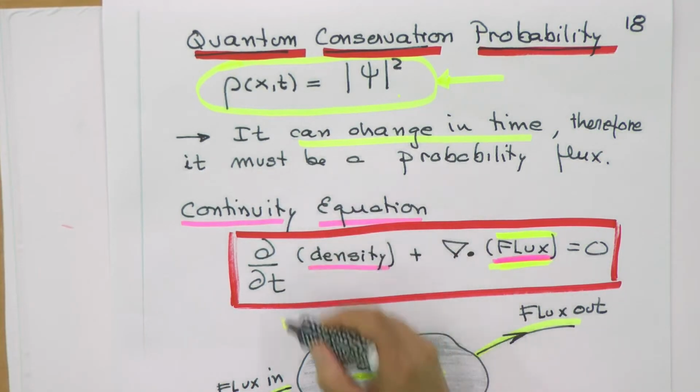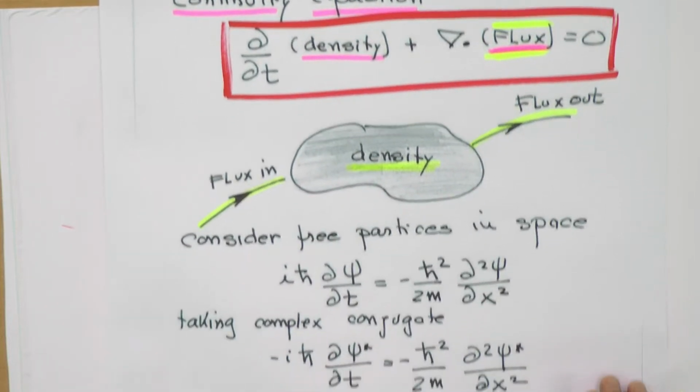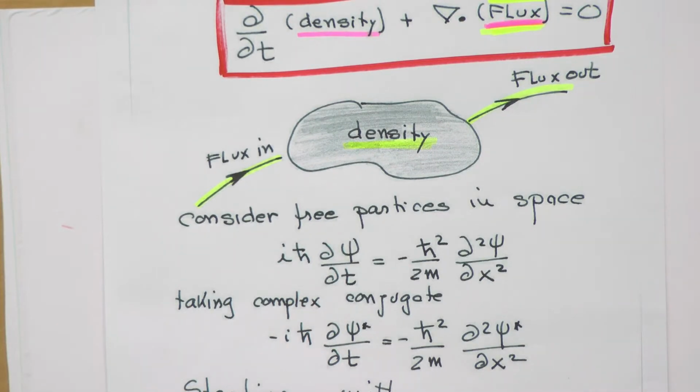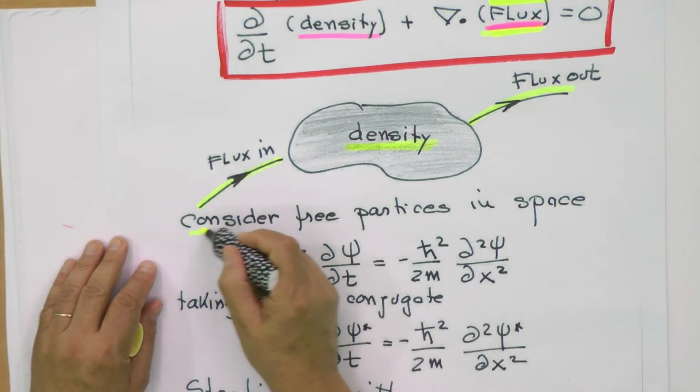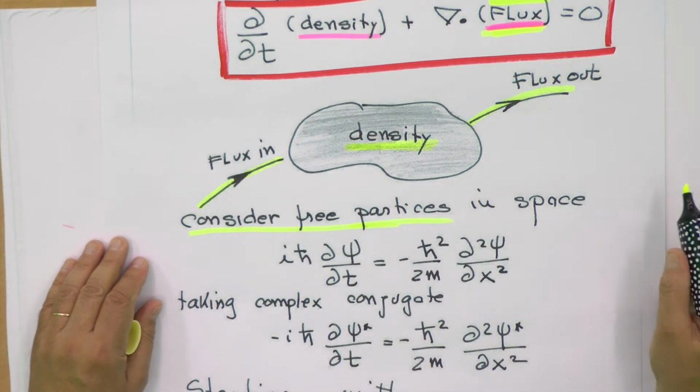We learned what's the density of probability. Now we have to learn what is the flux of probability. And I'm going to consider only the Schrödinger equation. And I'm going to consider free particles, because it's simple.